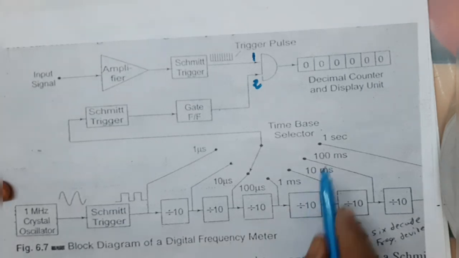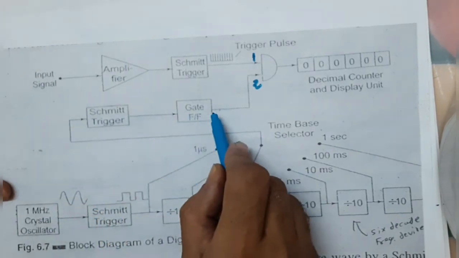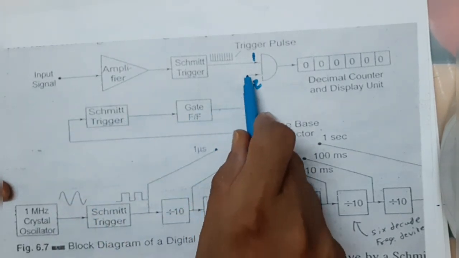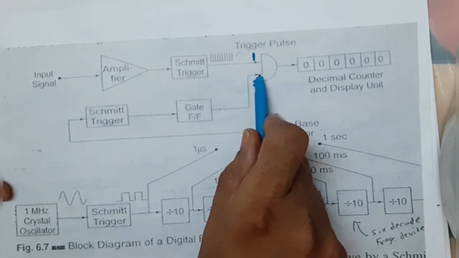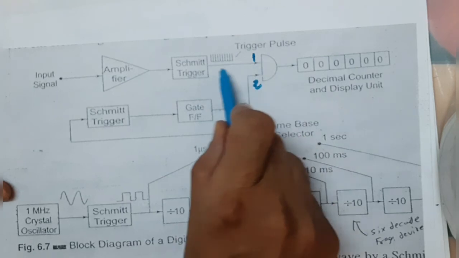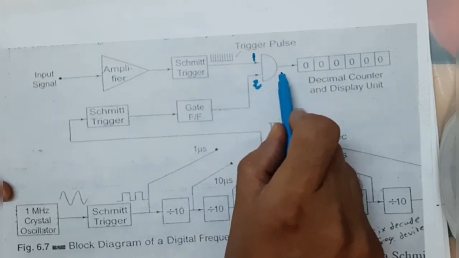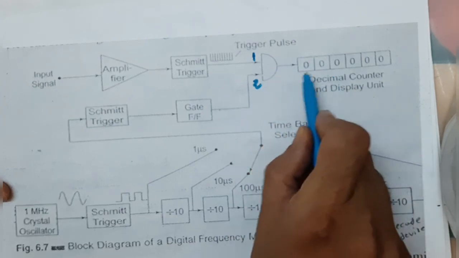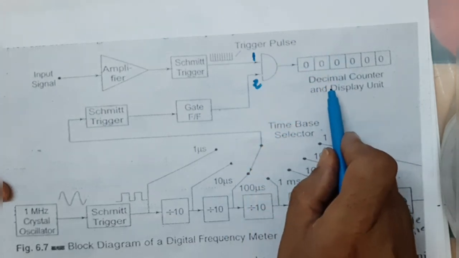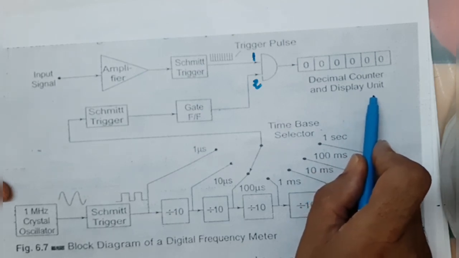So if we connect the 1 second terminal, the Schmitt trigger converts to a square wave, and the gate flip-flop is given the 1 second on. So in this 1 second, the trigger pulses pass, and if this is 0, then the output is 0. The output is given to the counter, known as the decimal counter, or the display unit.